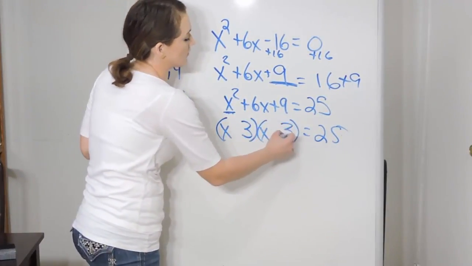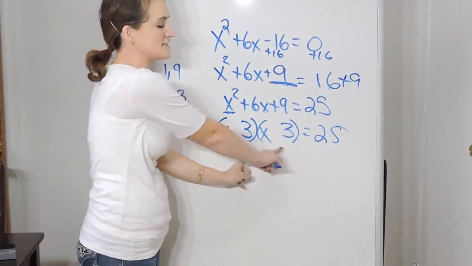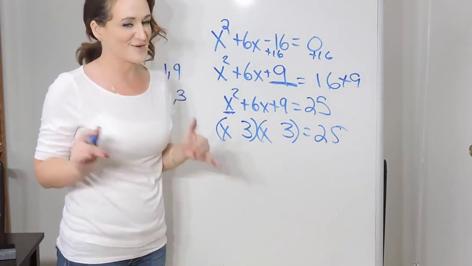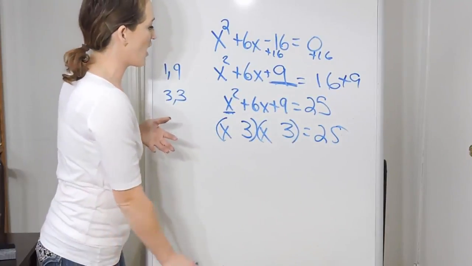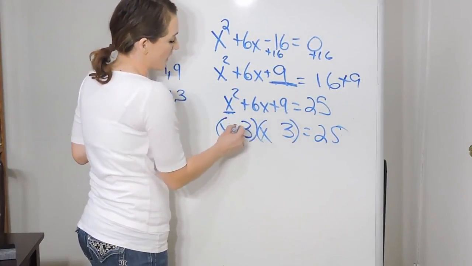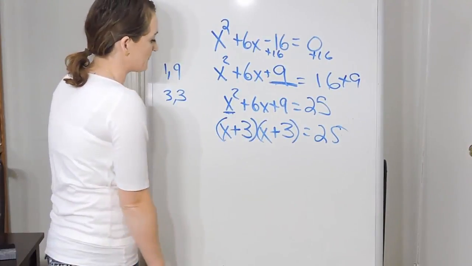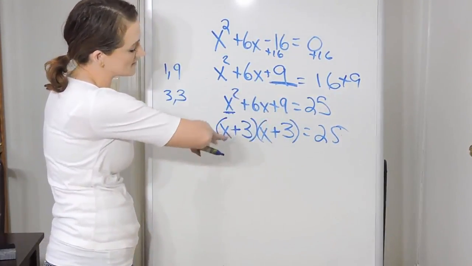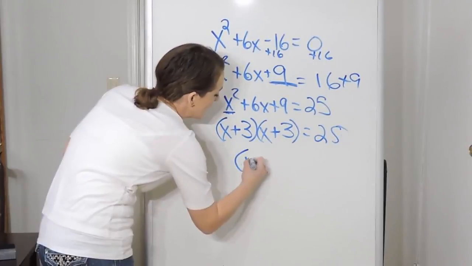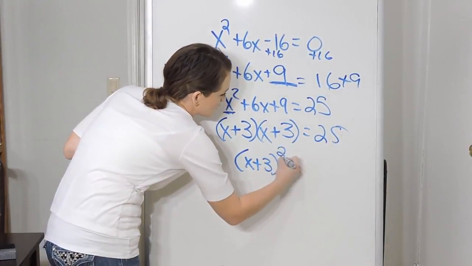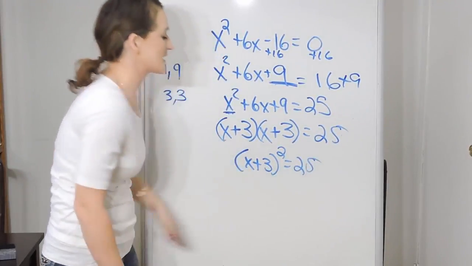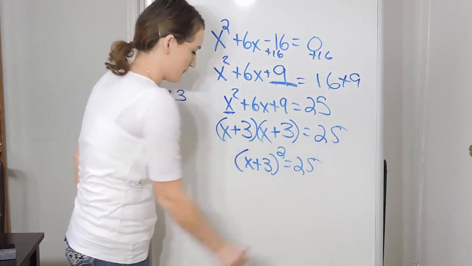Just a clue here, if we're getting a perfect binomial squared, these numbers should be the same every single time. So it's going to be the 3, 3 combination. Since everything's positive, everything has to be positive in our factors. So instead of writing x plus 3 times x plus 3, let's write x plus 3 squared, and that's going to equal that 25 over there.